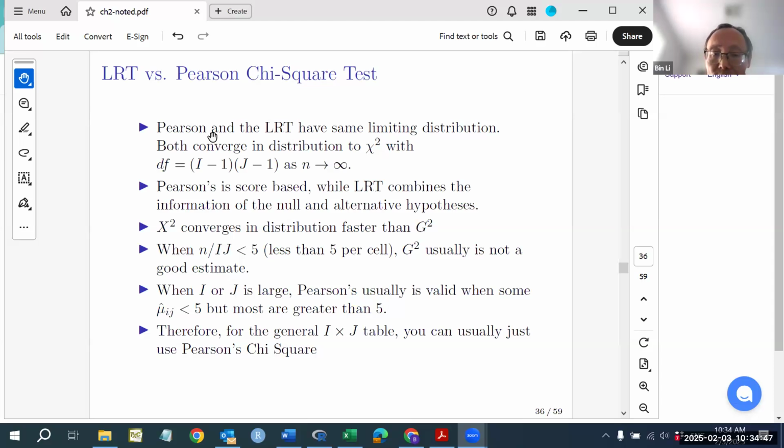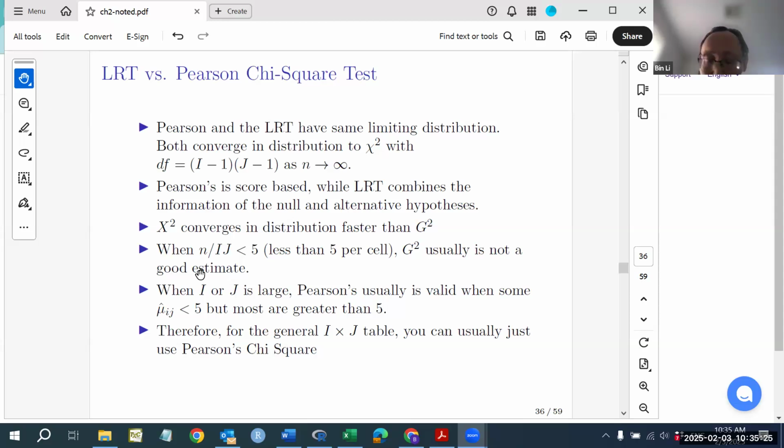So you may ask, how large is large? How small is small? Here are some very simple rules. When the average count per cell is less than 5, the likelihood ratio test statistic, G squared, usually does not follow a chi-square distribution well, so it has to be used very cautiously.